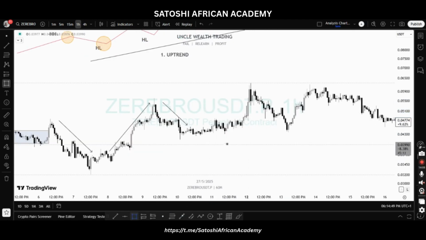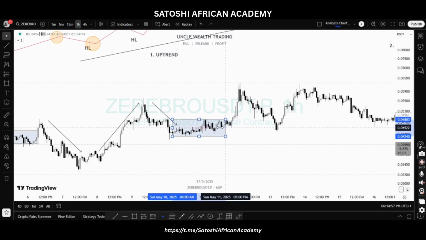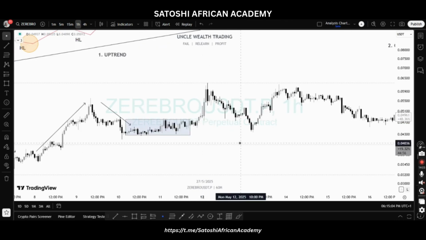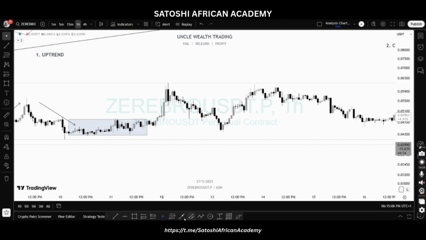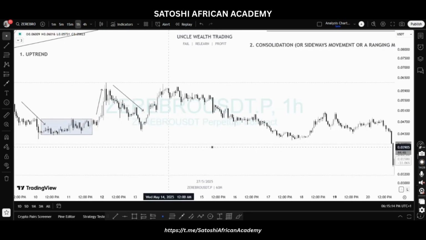We had a consolidation here, where price was ranging within this price box. Then we have an uptrend here, we have a downtrend here.